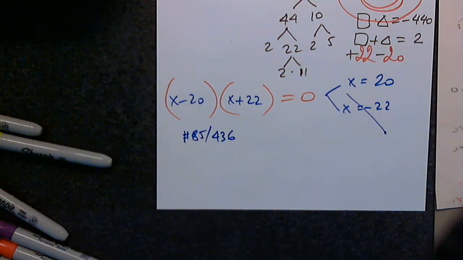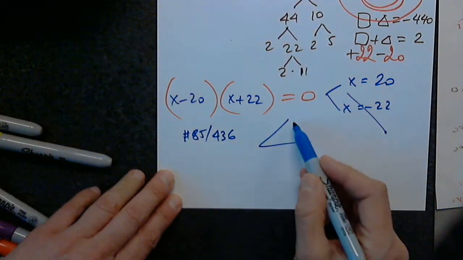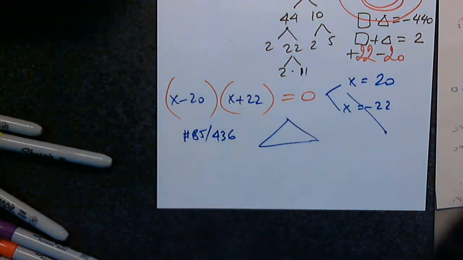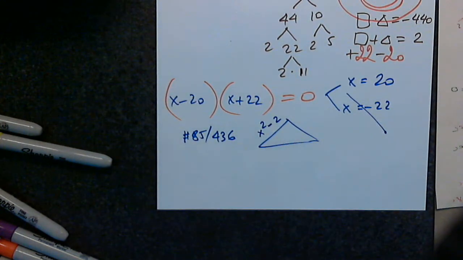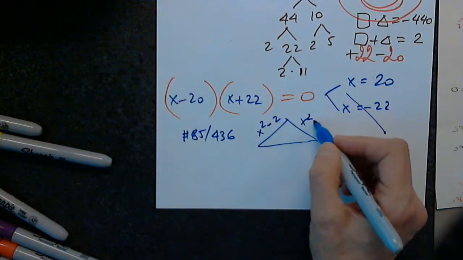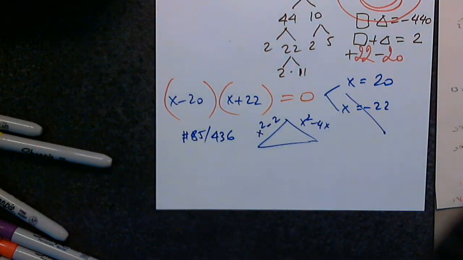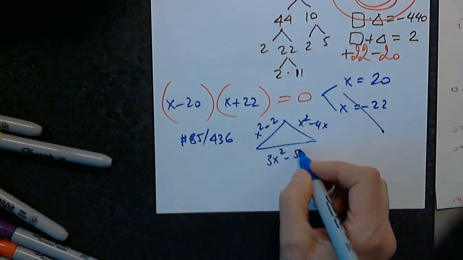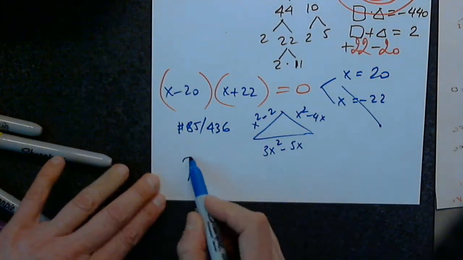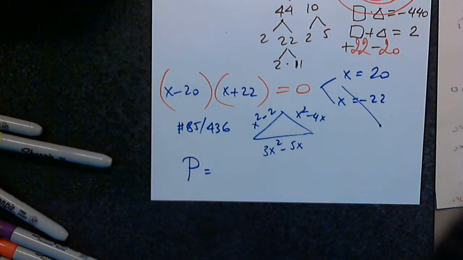Write the perimeter of each figure as a simplified polynomial and then factor it. We are given a triangle and we are told one side is x squared minus 2, the other side is x squared minus 4x, and the base is 3x squared minus 5x. They're asking us to find the perimeter as a polynomial and then factor that polynomial.